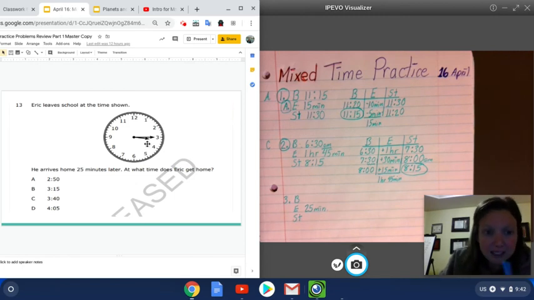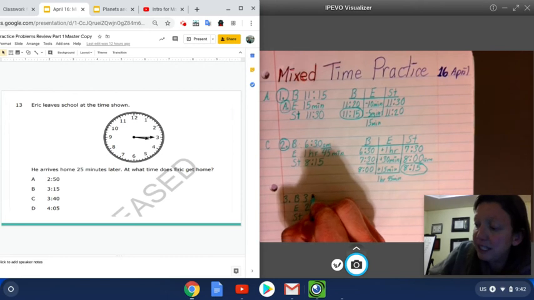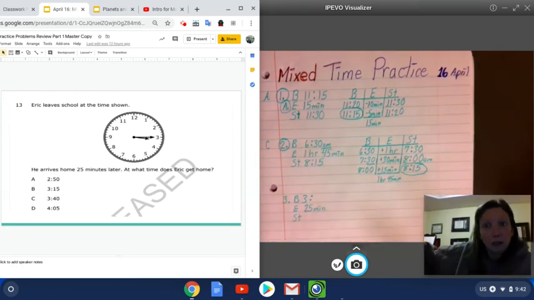What do we know? There are 2 hands here. The short hand is our hour hand. Is that hand in the 3's room, the 2's room, or the 4's room? If we look at it, our hour hand is still in the 3's room. So I know that it's 3 o'clock something.